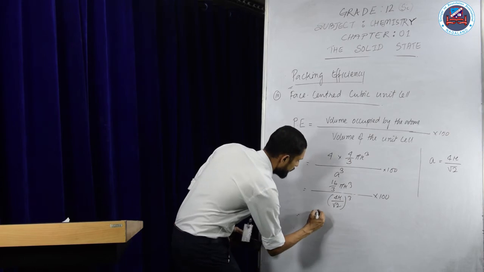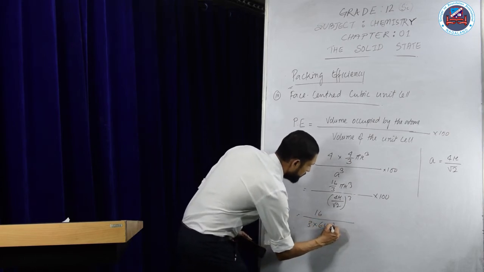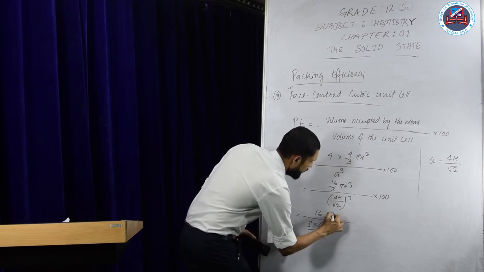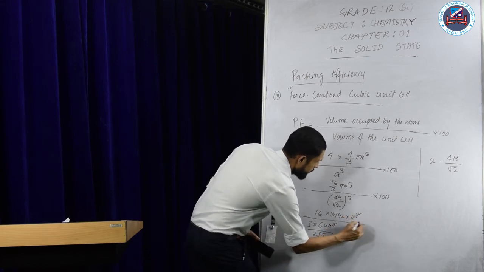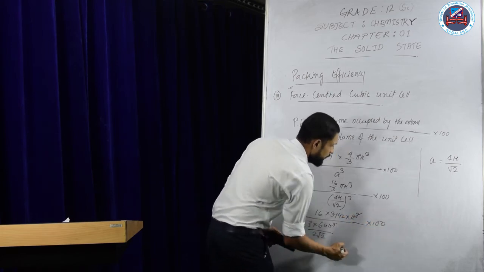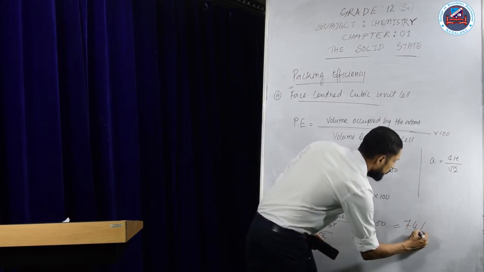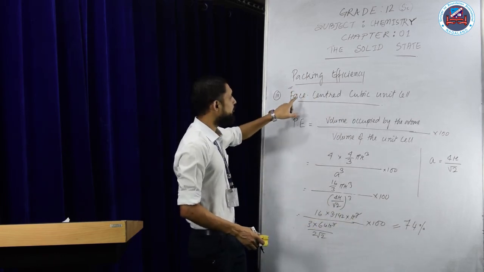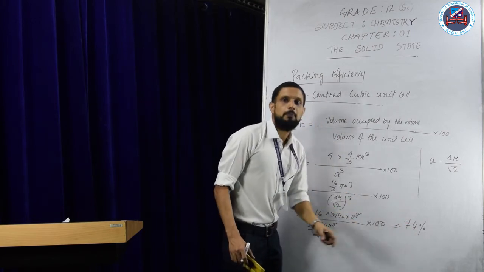So this is equal to 16 by 3 multiplied by 64 r cube by 2 root 2, pi value is 3.142, r cube multiplied by 100. So if you simplify this, you'll get 74%. That means the packing efficiency in face-centered cubic unit cell is 74%.